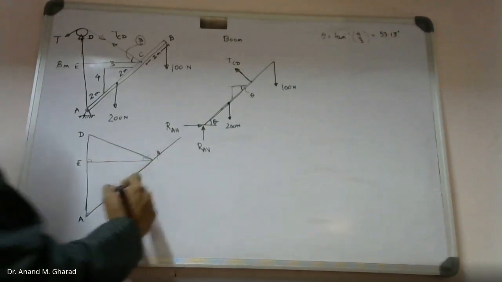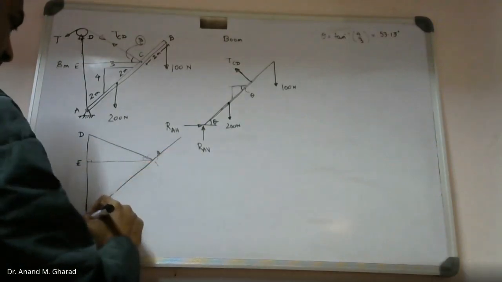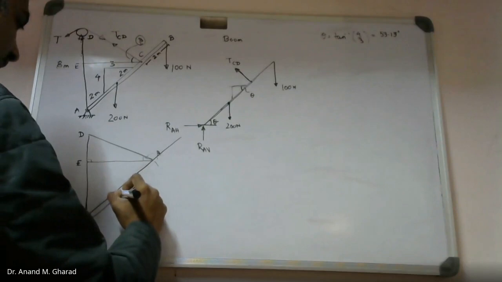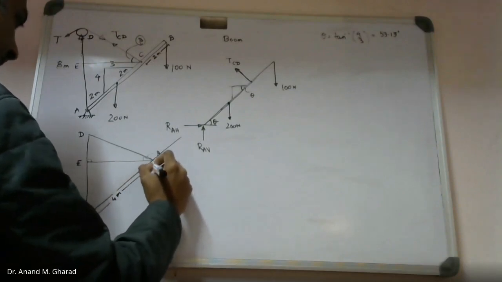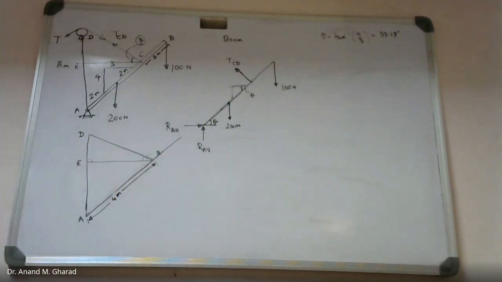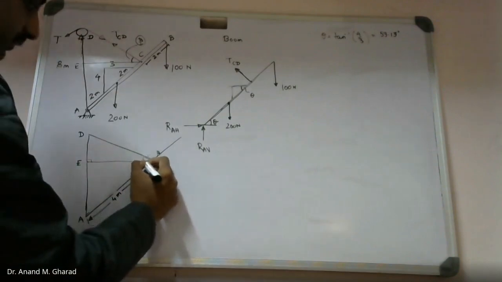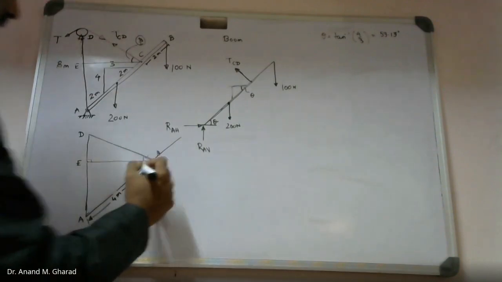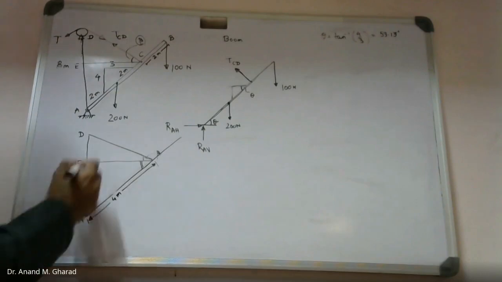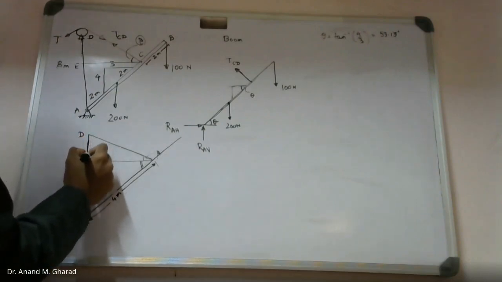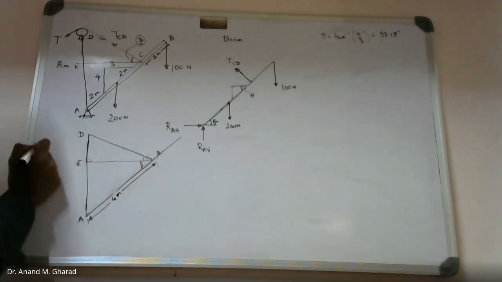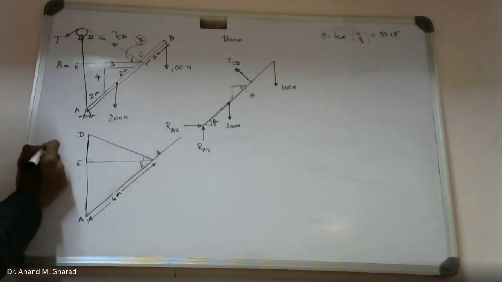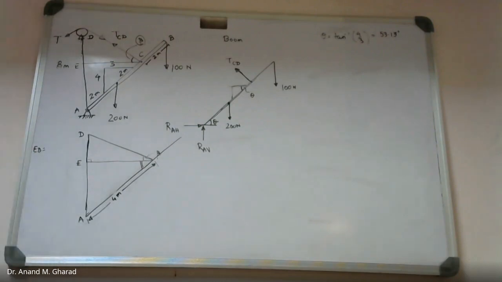How much will this complete distance be now? 4 meter. Am I right? This will be 4 meter. This angle you have already evaluated. Can you please tell me this distance ED? So how much does that come out to be?